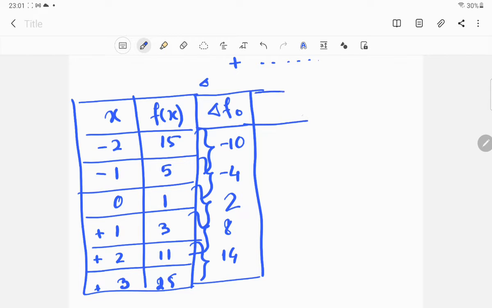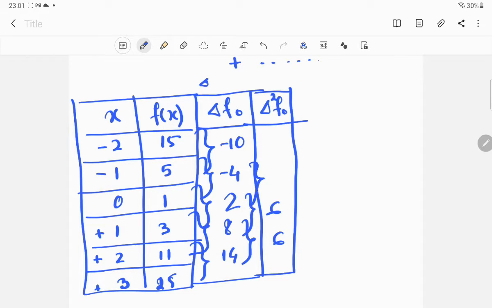Next we will find del 2 f0. What is the gap? 6. What is the gap? 6, and then it is again 6. Am I correct? And this is also 6.